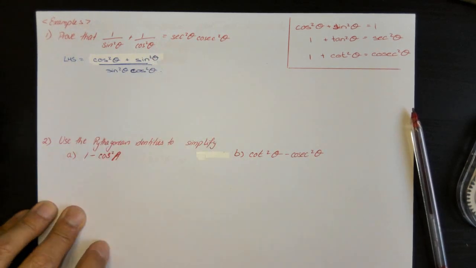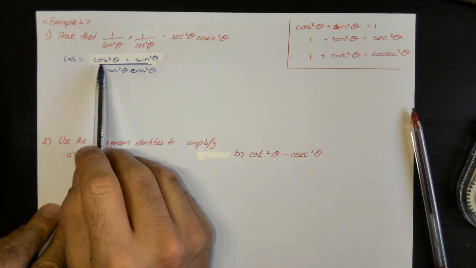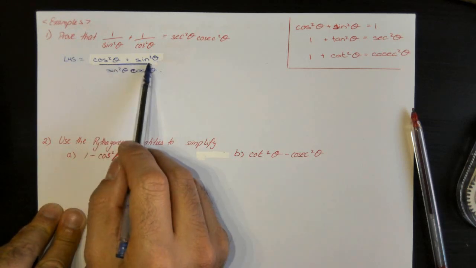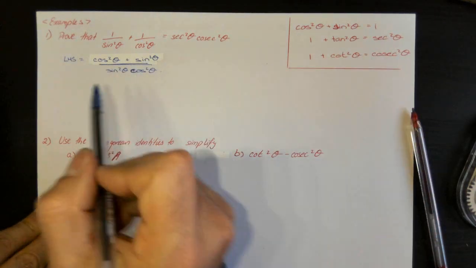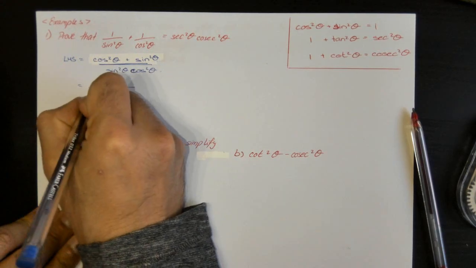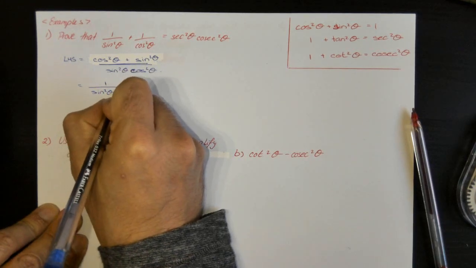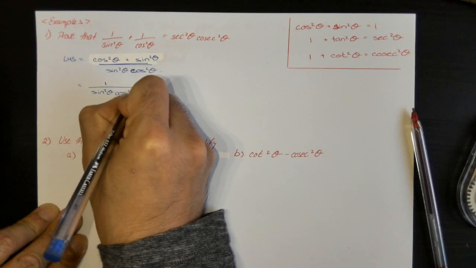Okay, that's better. So if I've got cos squared theta plus sine squared theta, that's just equal to 1.